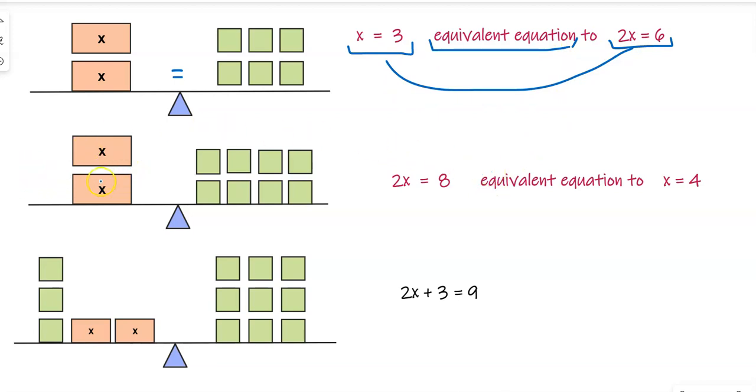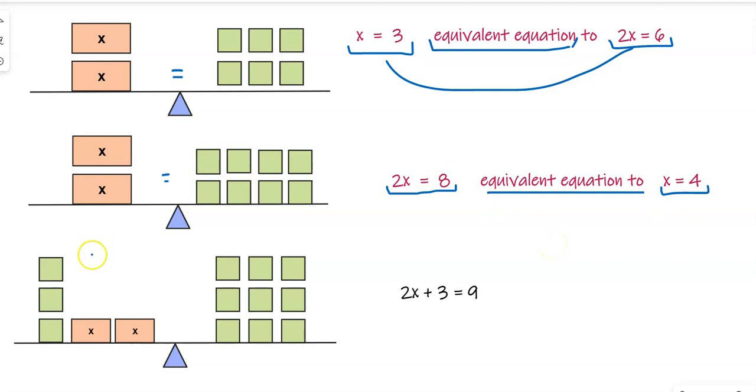Now, if we have another equation which says on the left side we have 2x's, and that equals 8 units, so 2x equals 8, that will be equivalent to x equals 4. Why?